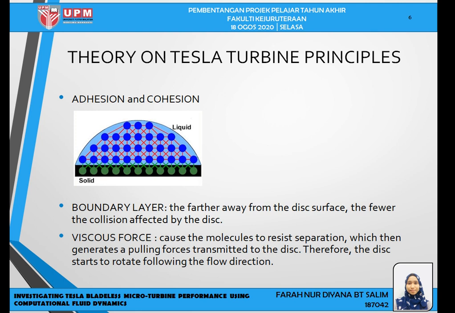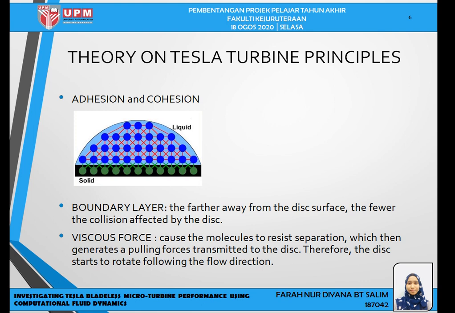Next, a brief theory on Tesla turbine principles. It uses 4 basic principles: adhesion, cohesion, boundary layer, and also viscous force. So from the figure in the slides, adhesion is a sticking force between the molecules and the surface, and cohesion is a sticking force between the molecules themselves.